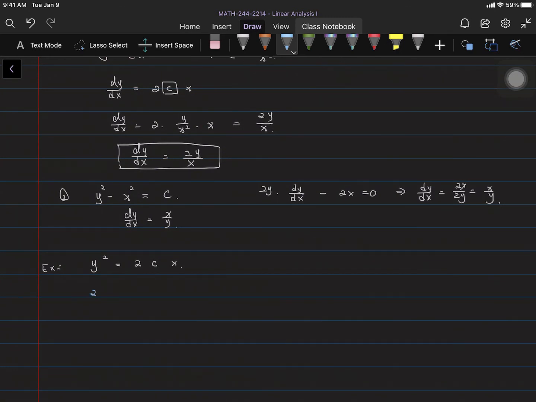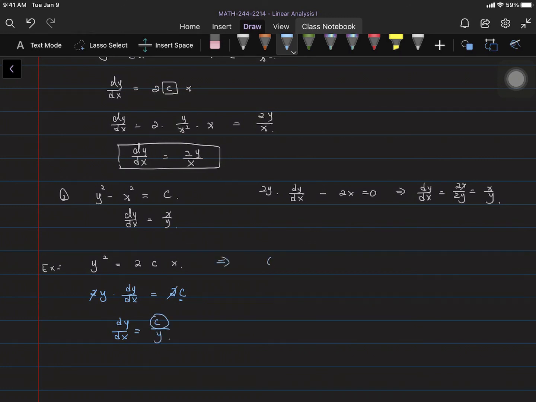Use implicit differentiation: 2y dy/dx on the left, and on the right the derivative of 2cx is 2c. But we have c, so we need to replace c. Then you can solve for dy/dx, which is c over y, but we need to replace the c.